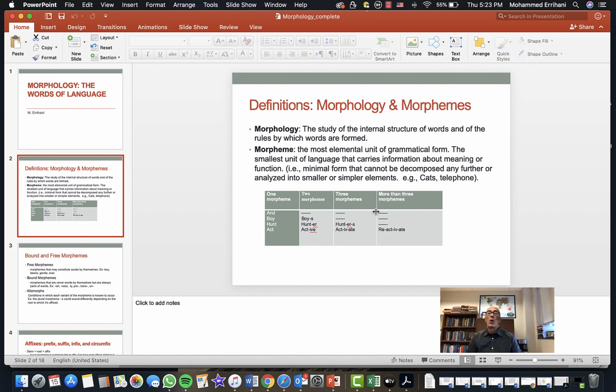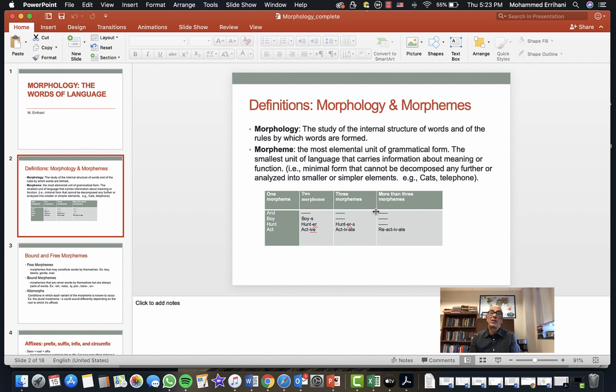So therefore, we can have three morphemes, okay? Hunt, ER, and S. And each one of these has a separate meaning. Now, only one of those can stand by itself, and that's the word hunt.